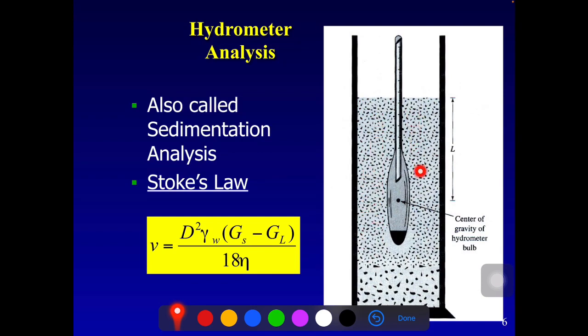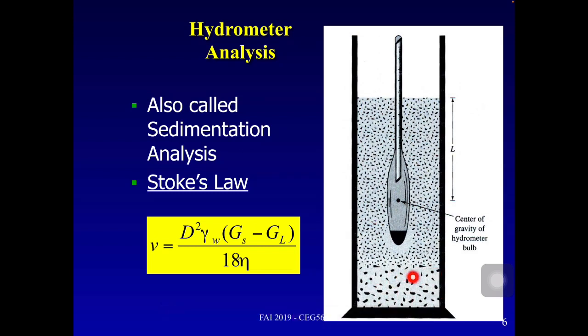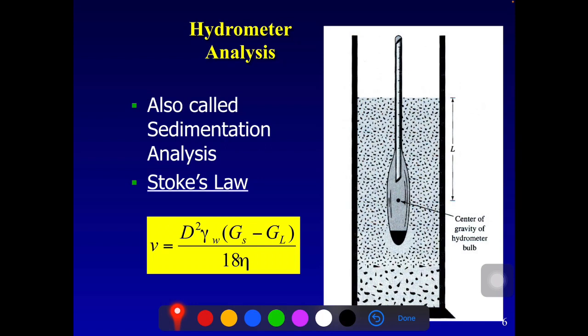It depends on the diameter of the soil particle. So it's like sedimentation, if you still remember sedimentation. Until most of the soil particles settle down here. That is what happens when you conduct hydrometer tests.